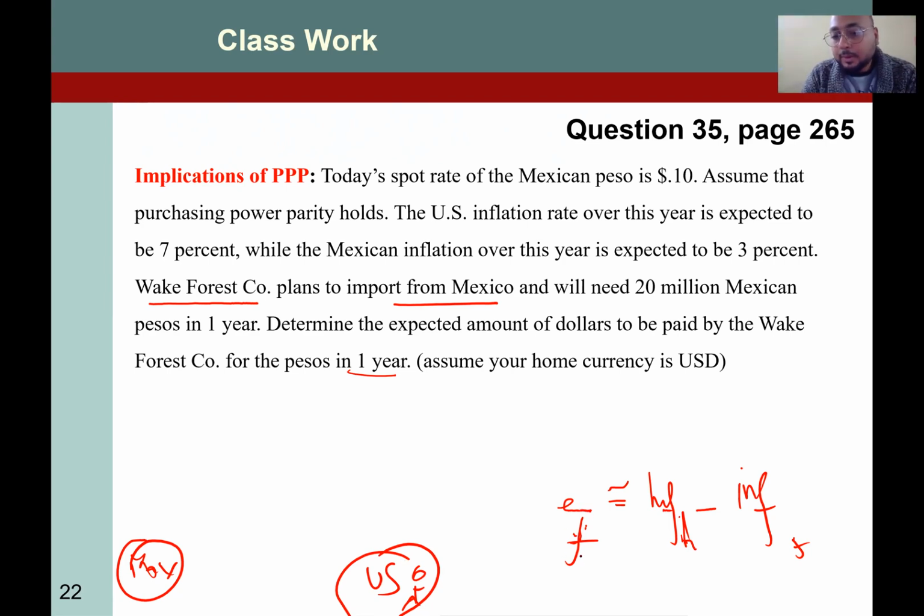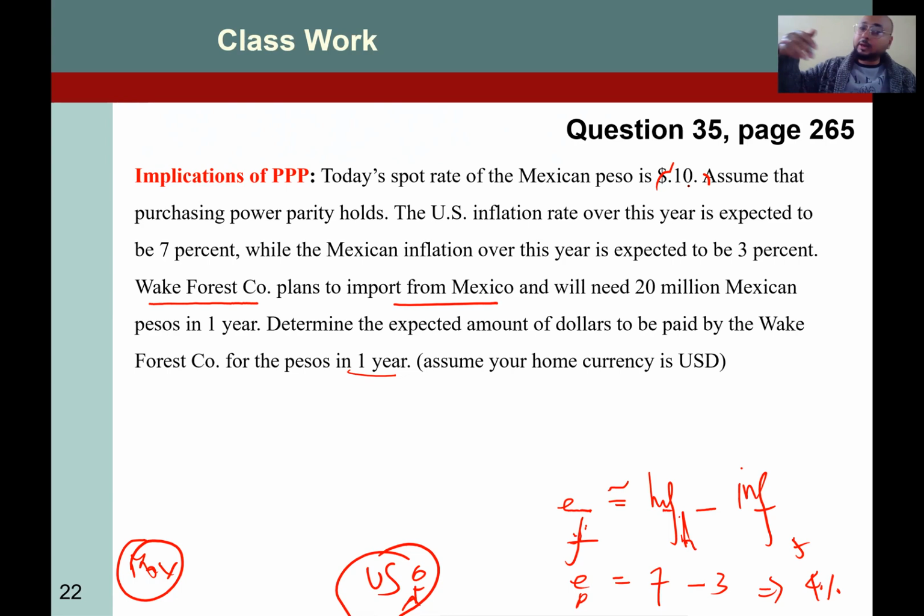So inflation in home, how much? 7%. Inflation in foreign, in Mexico, 3%. So the Mexican peso will appreciate by approximately 4%, right? So this is the spot rate. Can you calculate the forward rate?